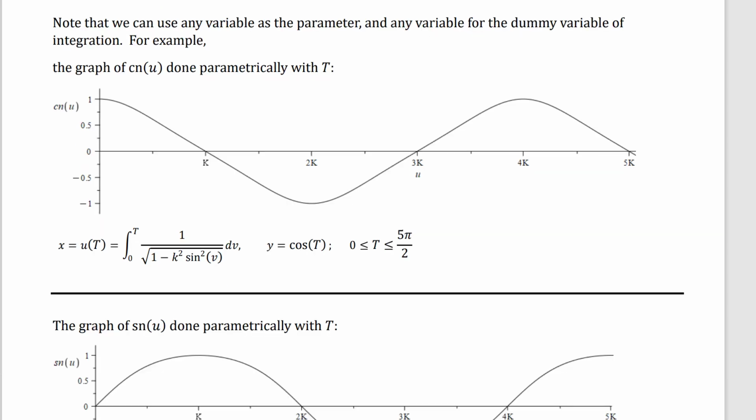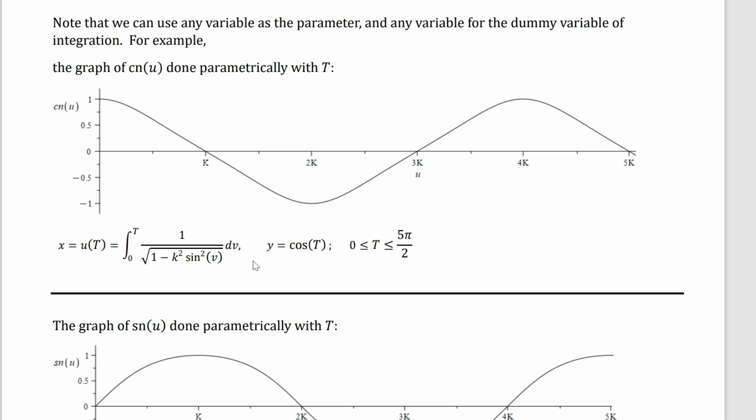So there's the graph. Just for emphasis, I'll do it on the graphing calculator. So notice the parameter of phi can be any variable, really, except on the graphing calculator, the parameter is forced to be capital T. So I rewrote it this way. So we'll graph it using capital T as our parameter for graphing. And then the dummy variable of integration can be anything as long as it's not the same as the upper limit.